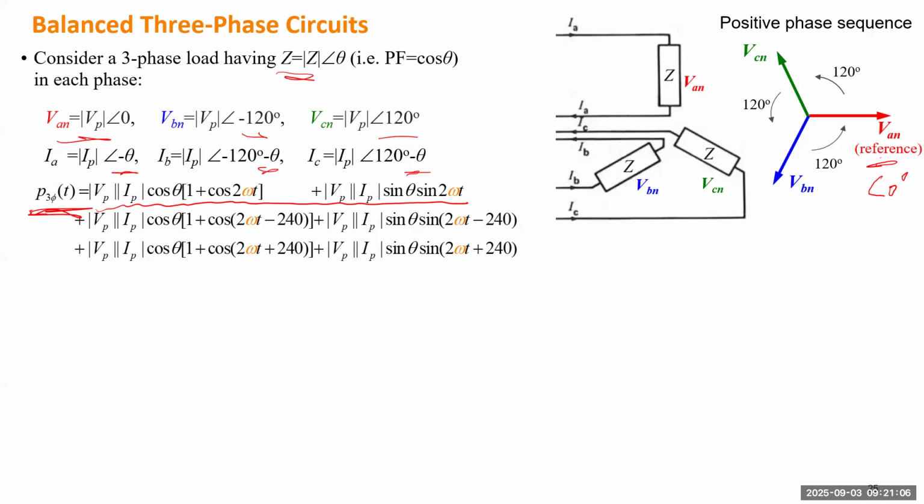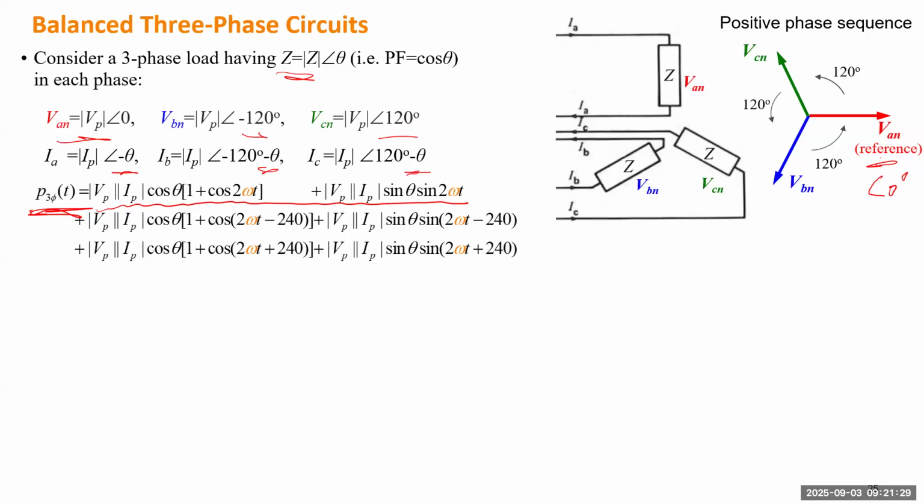Okay, so when you write down those three lines, you notice the three lines will have basically the same form. The only difference is the second line will be shifted by 240 degrees. This 240 degrees comes from 2 times 120 degrees.